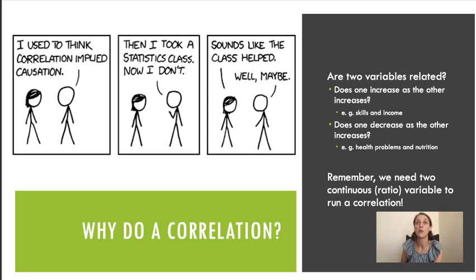Maybe as we spend more time exercising, we gain more self-confidence. So we're looking at variables that move together, things like time, things like scores on different measures, right? Not comparing groups. We need 2 continuous or ratio variables to run a correlation.